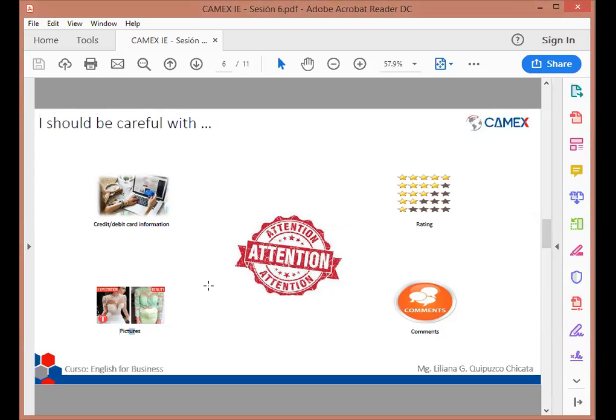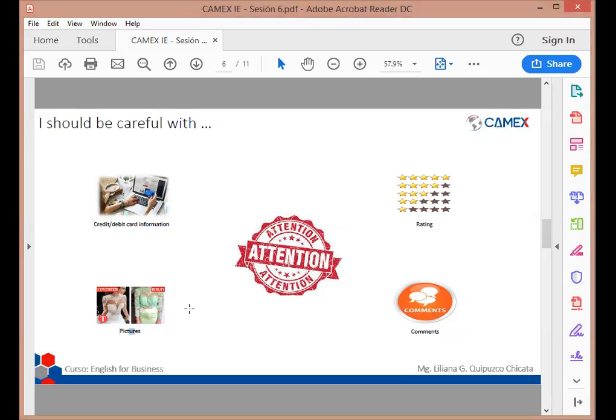Because, as you can see here, we see a really nice dress, but once the dress gets to your house it is not the same. It is not the same quality, it is not the same material. So we have to check this, and we can do that by checking the pictures in the comments, and also by asking the supplier for a real picture.